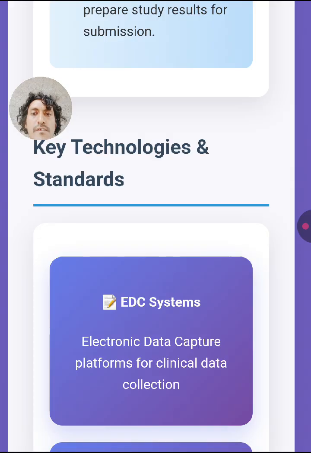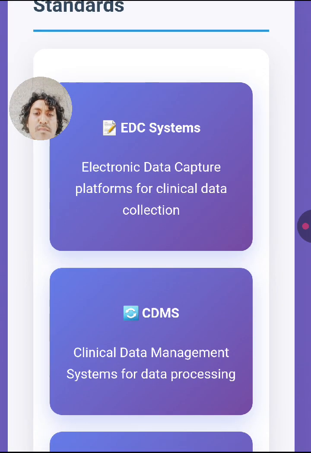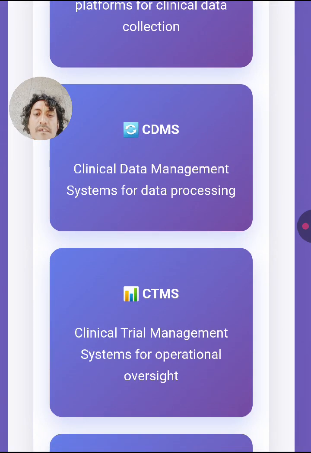So the key technologies are standards that are being used for clinical research informatics. We have the EDC systems, electronic data capture platforms for clinical data collection, CDMS, clinical data management systems for data processing, CTMS, clinical trial management systems for operational oversight.